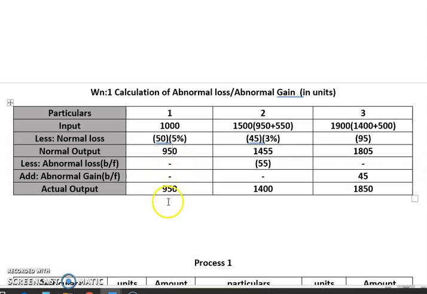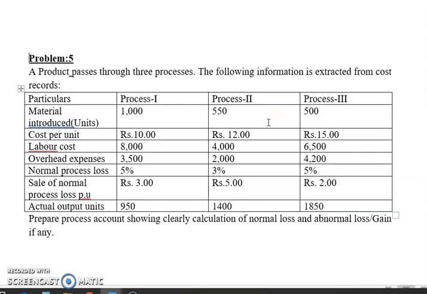Clear? Now, here we need to make one point very clear. I already told you that the output of one process will be the input of the next process. Now, this 950 will definitely go to the second process, but also the 550 which has been specifically introduced in process 2 should be taken into consideration.